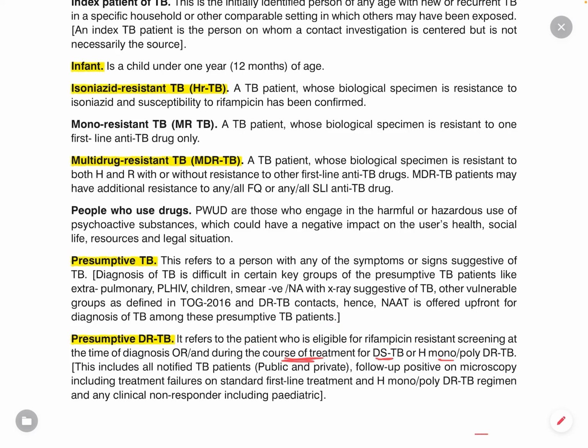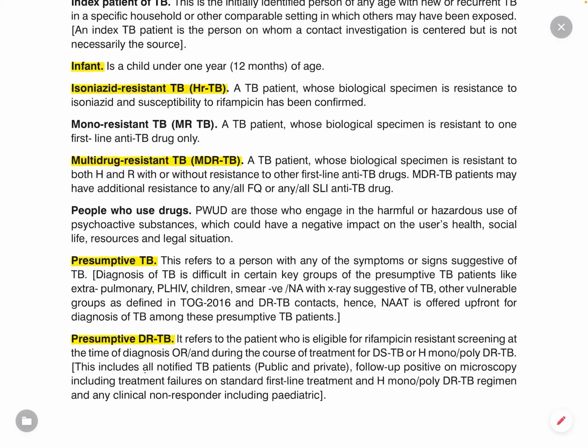Also H mono poly means he was rifampicin sensitive, but first line LPA showed isoniazid resistance, so he is under the H mono poly DRTB regimen. If there is clinical deterioration during their treatment, rifampicin status is rechecked again. So all those people come under presumptive DRTB.